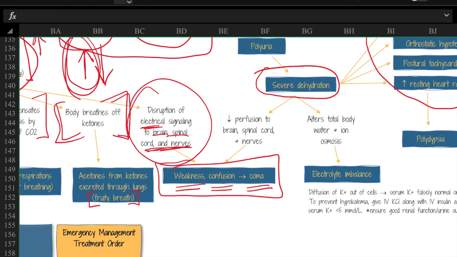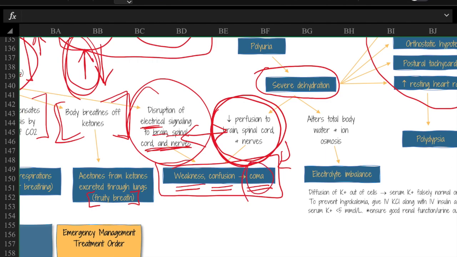We're becoming hypovolemic almost. And so we have a decrease in the amount of fluids in the body. So we're going to have a decrease in the amount of blood that's perfusing the brain and the spinal cord and the nerves. Similar things are affected here and here. And this is where you do get some of that weakness, confusion, and then again, the risk of coma.